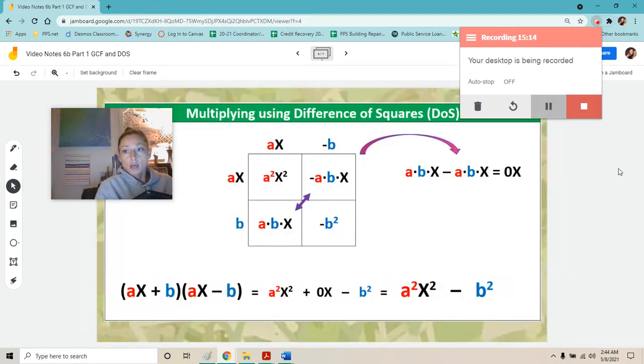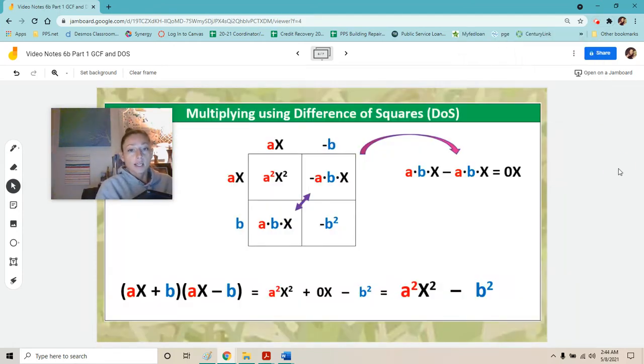Difference of squares is a nice little pattern that shows up sometimes when we're factoring that we can use to simplify quickly. Anytime we have two factors that are exactly the same, but one is a plus and one is a minus, you'll have two middle terms that are exactly the same, but one is a plus and one is a minus.